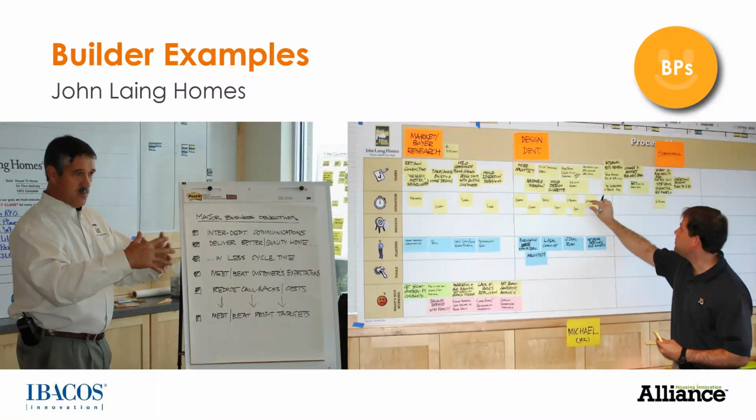This is another example. John Lang Homes, they wanted inter-department communication, deliver high quality home, etc. This is their head of their Denver group. And part of this was they wanted to sell the business. They sold it for $1 billion to a group from the UAE, not because of this process, but again, part of getting the business aligned to be better.